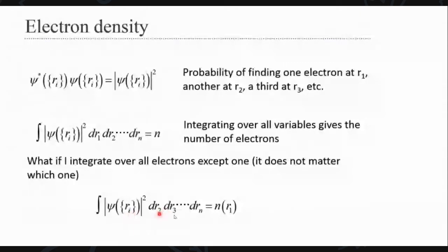So this equation will give me the electrons available at R1. If I take the integral of n of R over all the space, this will tell me the number of electrons available in the space. And this is the electron density.